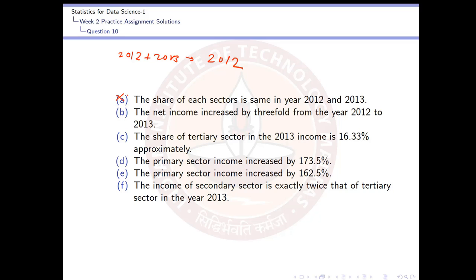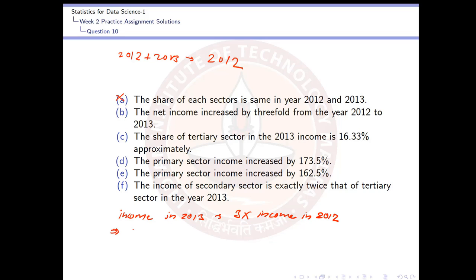The net income increased by threefold from the year 2012 to 2013. So assume it is true. Then in this case, what will be? If income is increased by threefold from 2012 to 2013, then income in 2013 will be thrice the income in 2012.